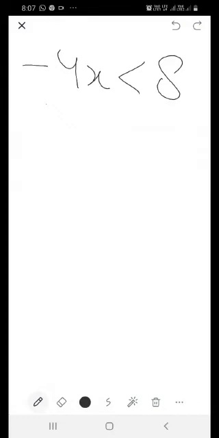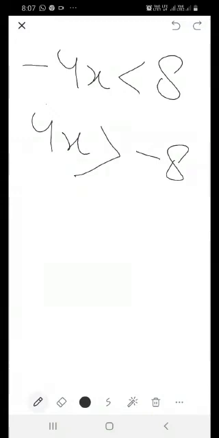If you multiply by minus 1 on both sides, minus 1 into minus 4x will become 4x. And 8 into minus 1 will become minus 8. If you multiply by a minus sign on both sides, the inequality changes. Instead of less, you will now have the symbol greater. Now it has become positive.